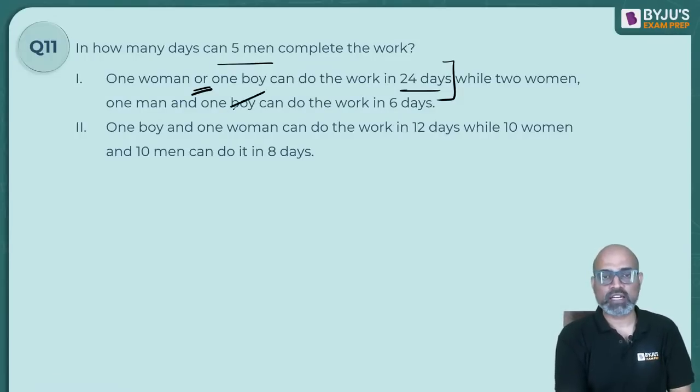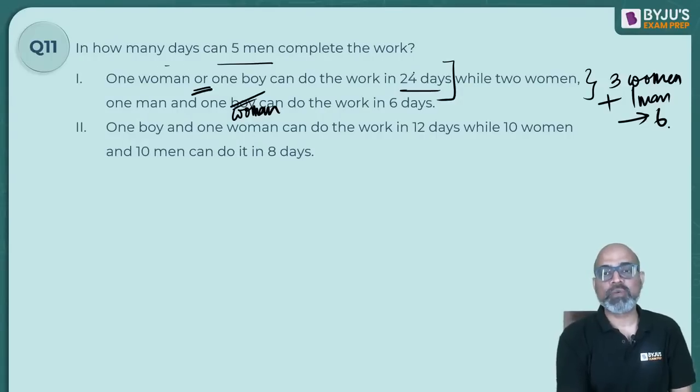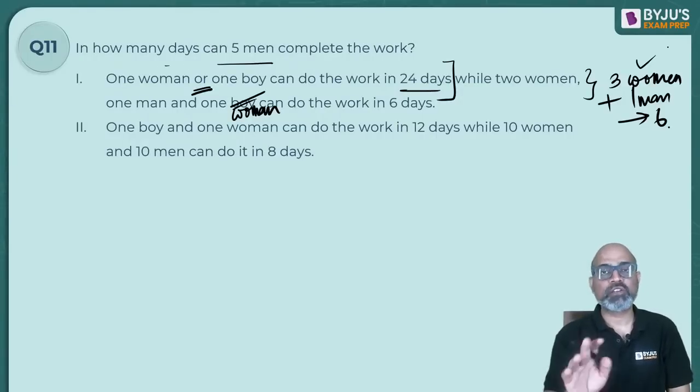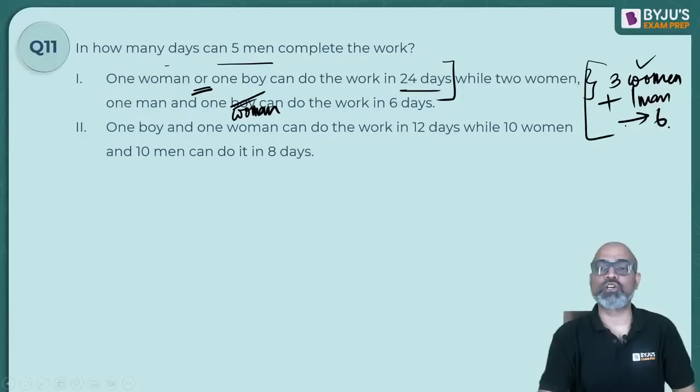So instead of 1 boy, let's replace it with 1 woman. So the statement changes to 3 women plus 1 man can finish the work in 6 days. So I know that 1 woman can finish in 24 days, so 3 women will finish in how many days? So from here, can I figure out how much time 1 man will take to complete the work?